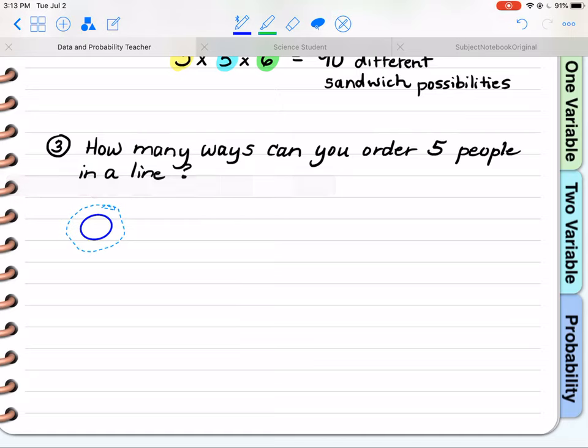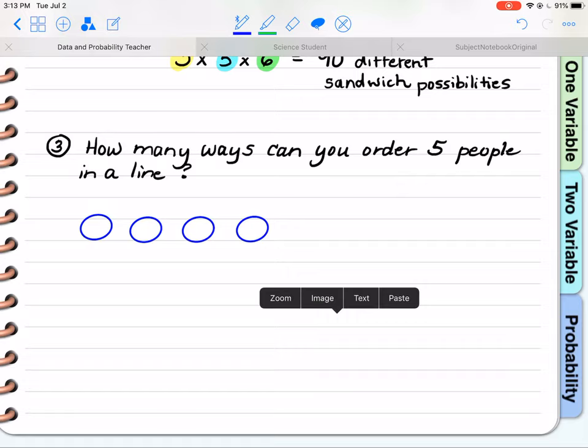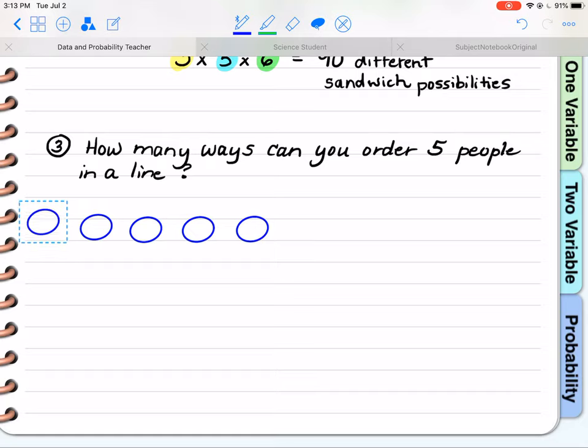So I've got these people and I want them to stand in a line. And we're trying to figure out all the different ways that we could order them. And I want you to take a guess. Just get a mental image in your mind of these 5 people, and maybe we're going to move them around. We're going to put this person here, or we're going to move this person here. This is kind of the thing that we're doing.